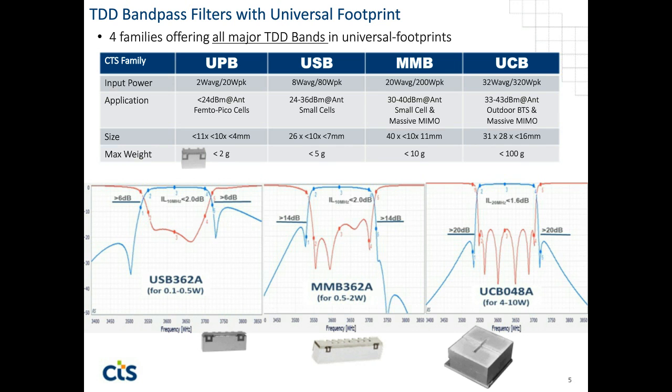Now, as we have shown in the prior two slides, even in a massive MIMO application, you may not be able to solve all your problems in one form factor, at least for some of the most extraordinarily demanding frequency bands.